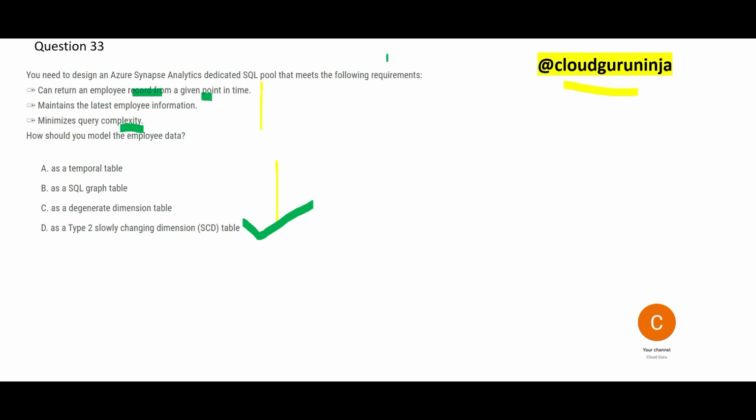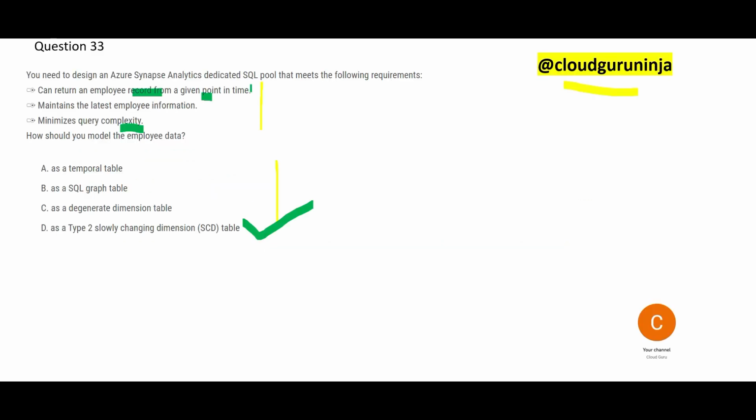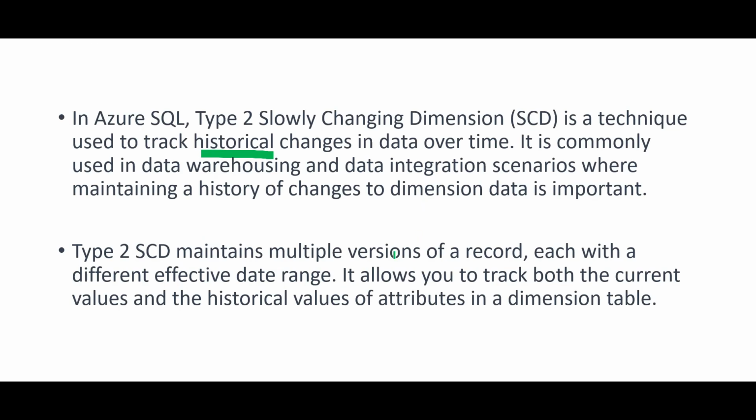Now you might say, boss, what about temporal table, what about other options? Let me explain. But before that, go through this slide. What is slowly changing dimension type 2? It is used to track historical changes. Where does our question say history? This is the point where it talks about historical changes. So it maintains multiple versions of records. I'll give you an example. We were working for Airtel once.